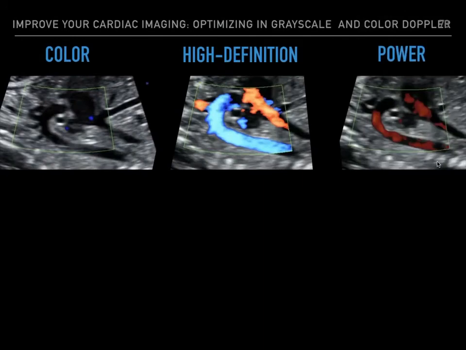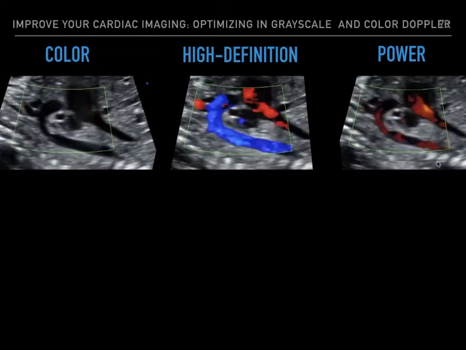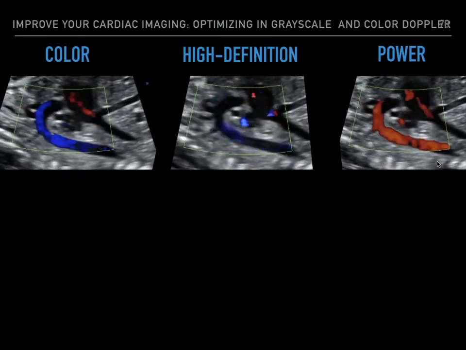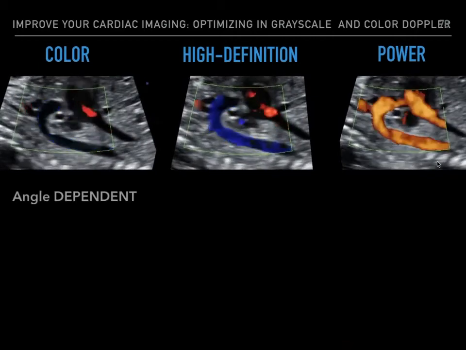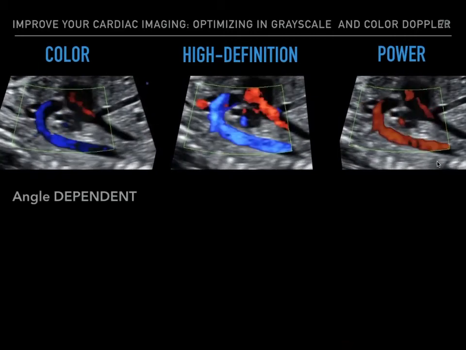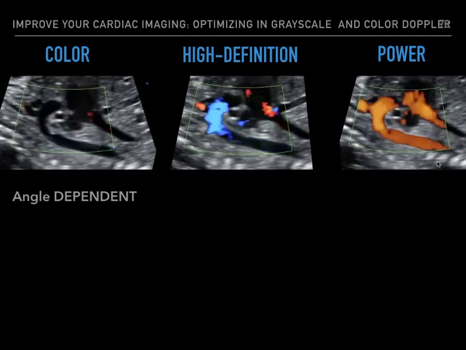So before we begin discussing more about high definition Doppler and its uses, let's differentiate between the three Doppler techniques. Color Doppler, as we all know, is angle dependent on the angle of inclination of the ultrasound beam with the direction of flow.